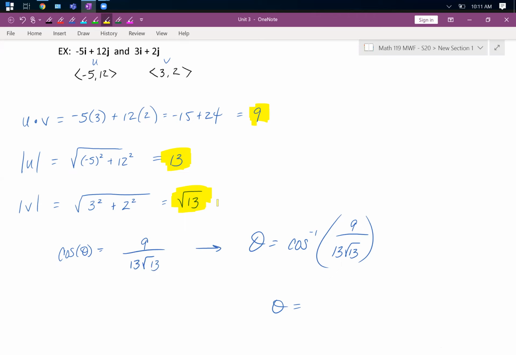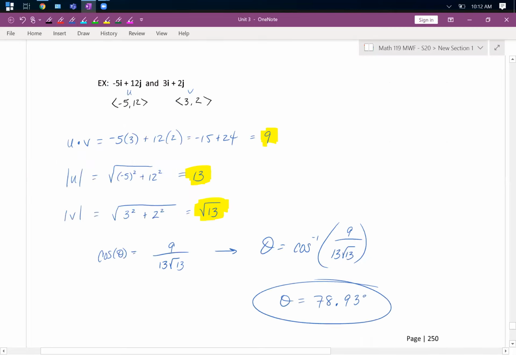We get theta equals cosine inverse of 9 over 13 square root of 13. Anybody get anything different? Well, once we plug it into our calculator, what do we get? 78.93. There we go. Questions at all?